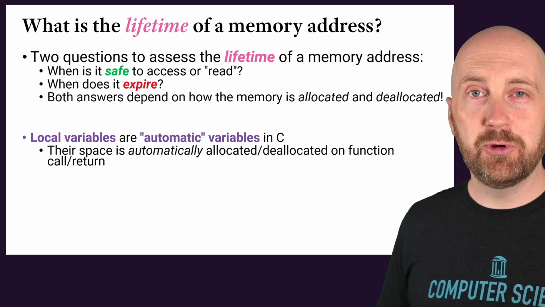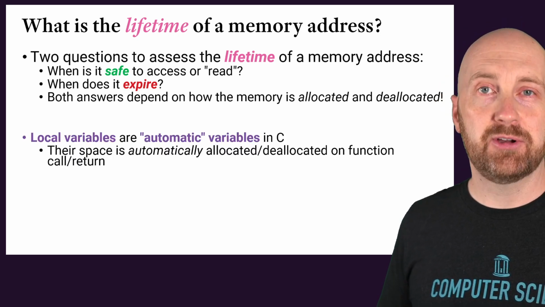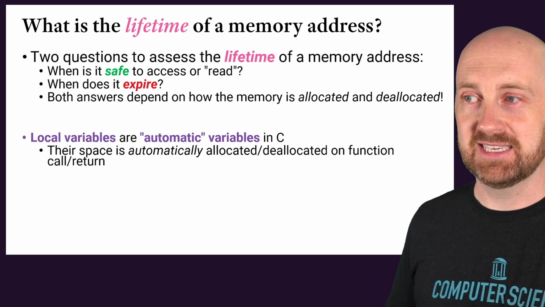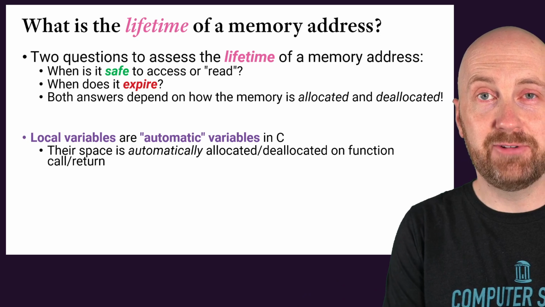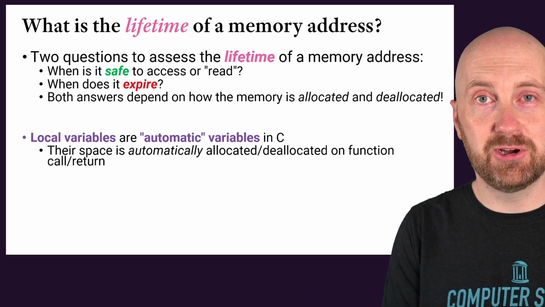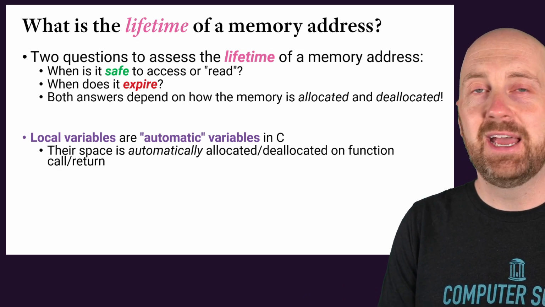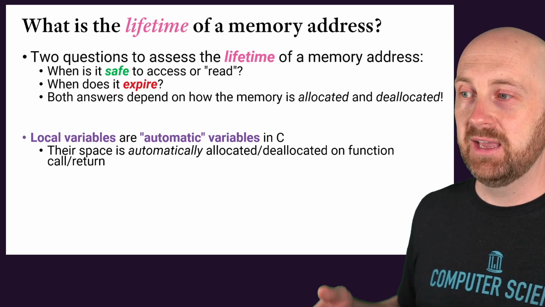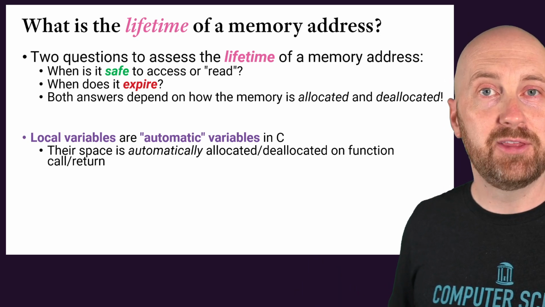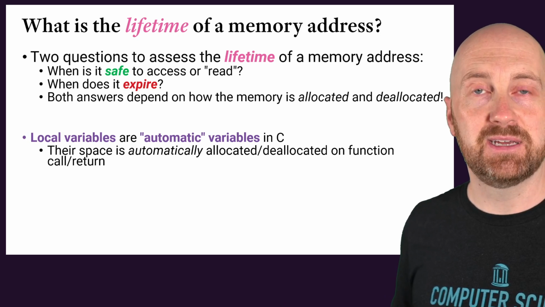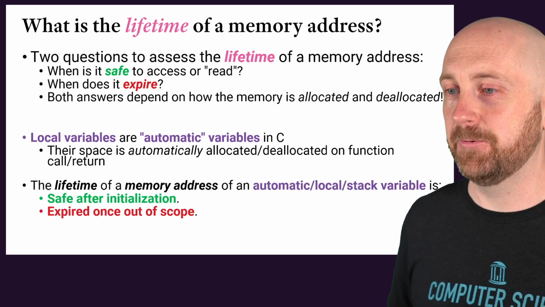So these local variables, the reason why they're called automatic is because of exactly this. Memory is automatically allocated upon a function call and entry into that function evaluation. And then when it returns, this memory is deallocated and it's freed up for other function calls to make use of in subsequent lines of code.